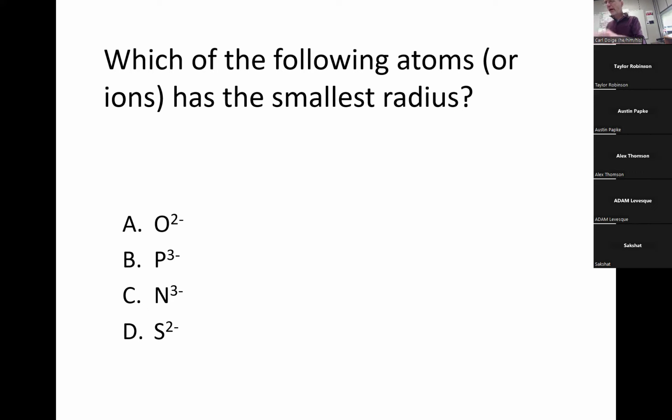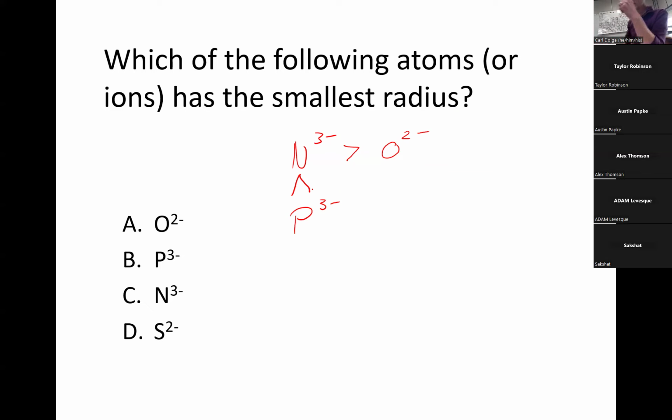One of the things that might be handy is, so I'm going to write N3 negative. This is part of an isoelectronic series. And I know that N3 negative would be larger than O2 negative. And I know that phosphorus is below N3 negative, but phosphorus would be bigger, that's meant to be bigger than N3 negative.